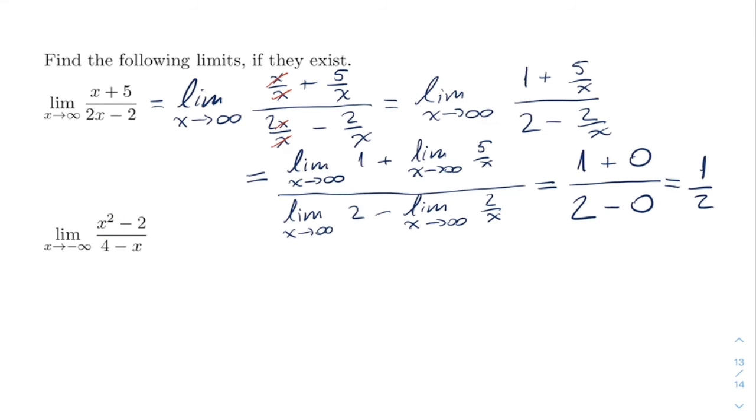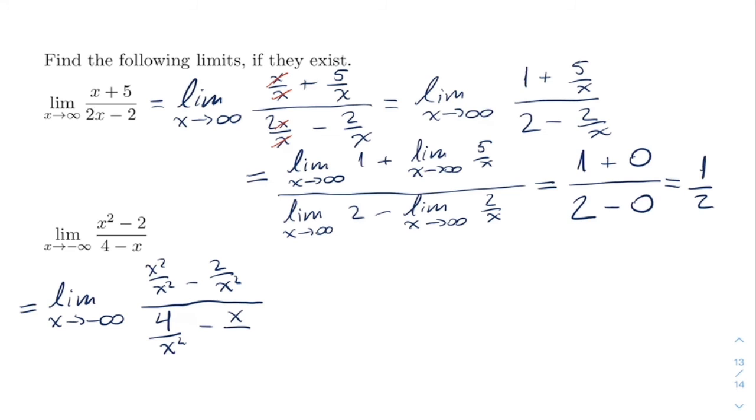So we will divide everything by x squared. So this will be the limit when x goes to negative infinity of the following: x squared divided by x squared minus 2 divided by x squared. Again, remember, divide every single term by x squared, minus x divided by x squared.